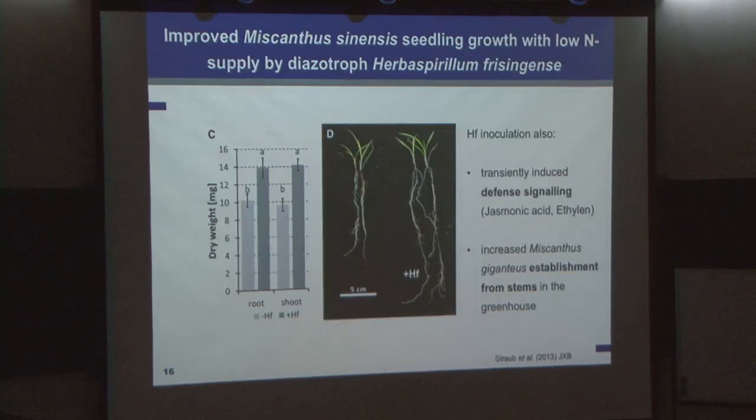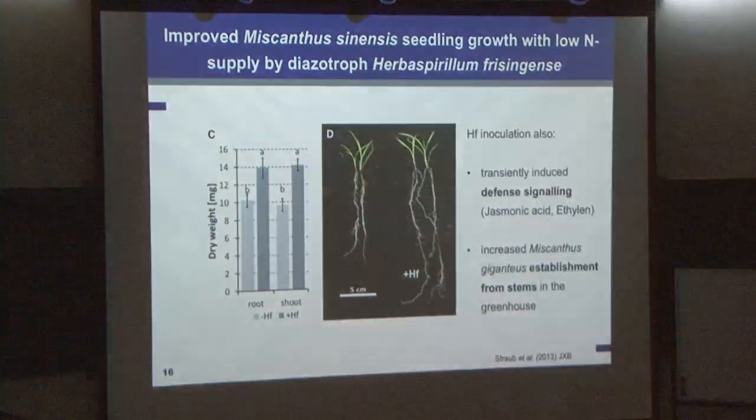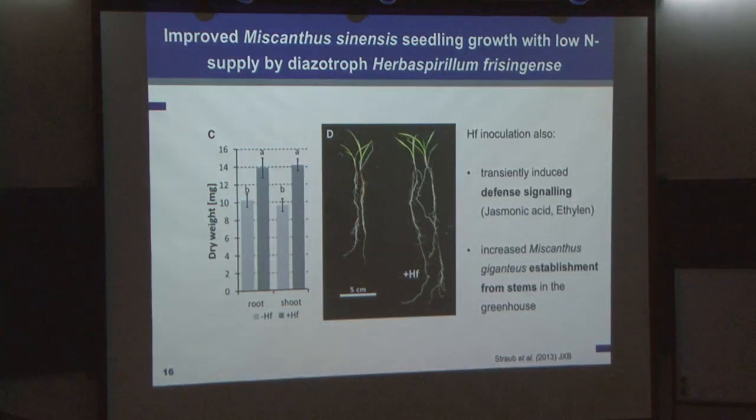Tony Hartmann was also very interested in this bacterium, called Herbaspirillum frisingense. This bacterium had some similarity to Azospirillum. It was found in sugarcane, and sugarcane also, as I said, is suggested to have some associated nitrogen fixation, probably.